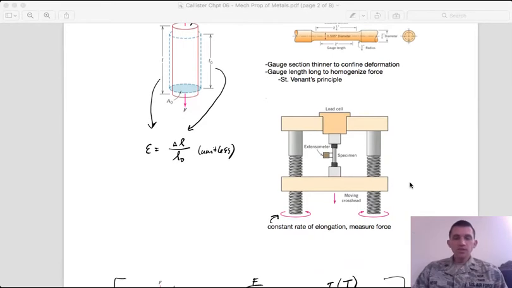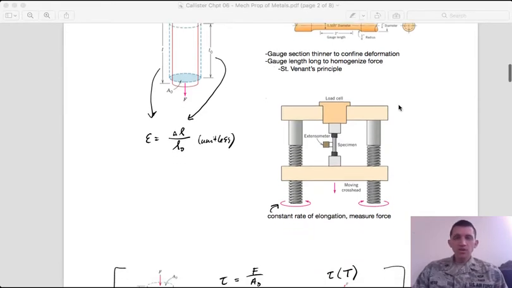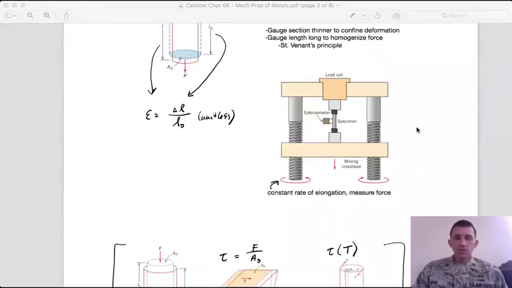But tensile testing, these stress strain curves are typically generated through some sort of a test machine, something like this. This is using screws to generate the force.